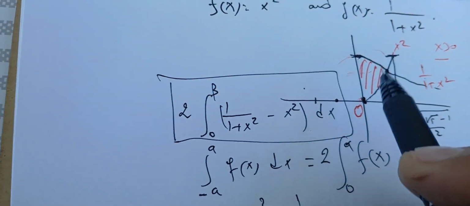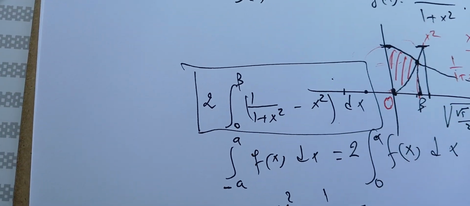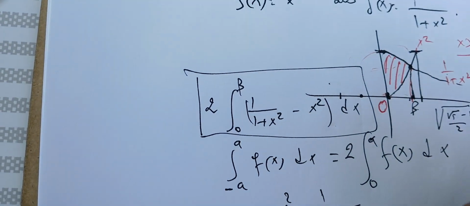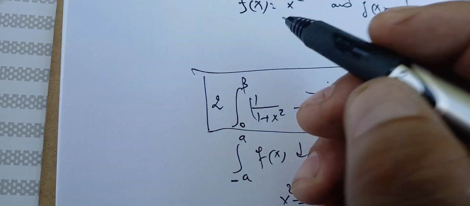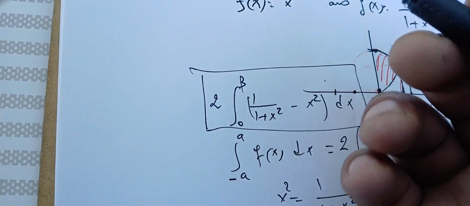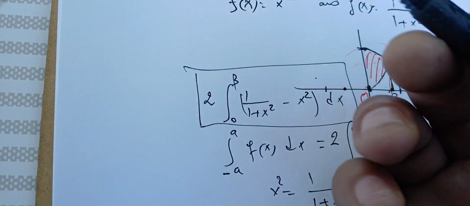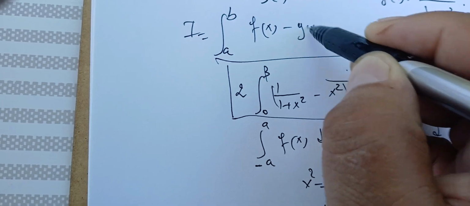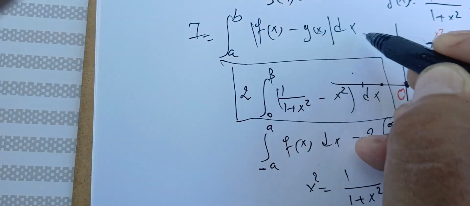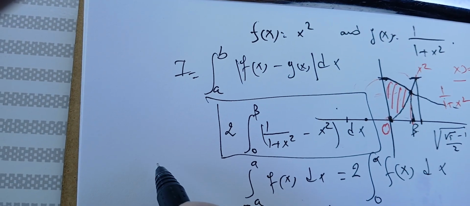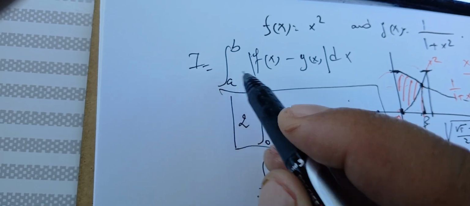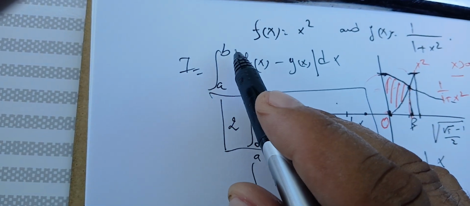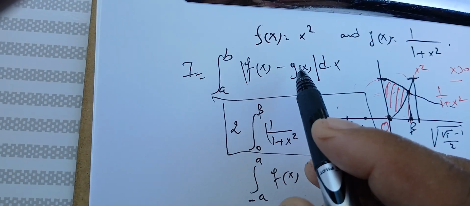We are here trying to learn that if we have two curves or two functions, the area enclosed between the two is given by the integral from a to b of the absolute value of f of x minus g of x, dx, where a and b are the lower and upper limits of integration.